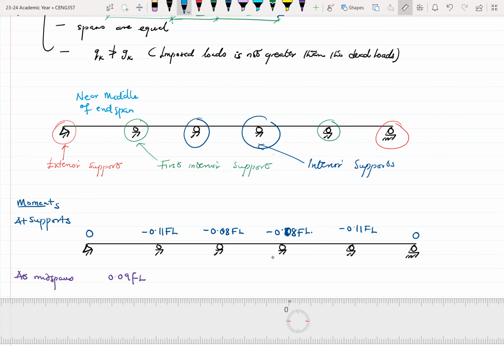And then this is near middle of first interior span, and this one will be near middle of interior span.